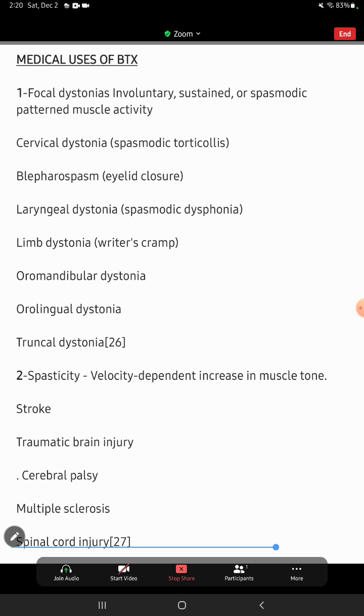So here are the different uses of BTX. Second is spasticity, meaning velocity-dependent increase in muscle tone, and its causes are brain injury, cerebral palsy, and multiple sclerosis.